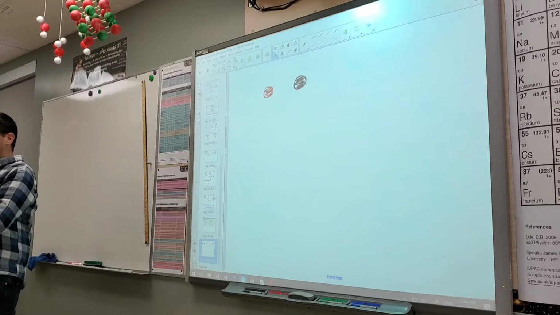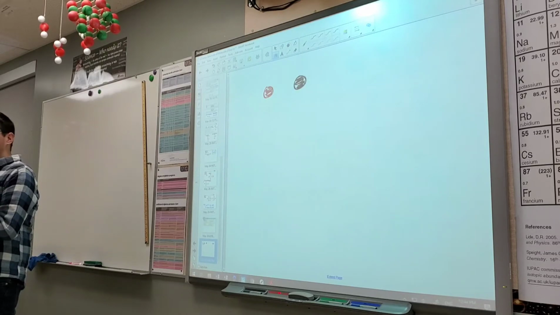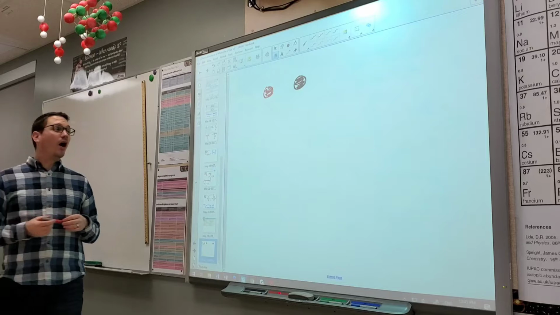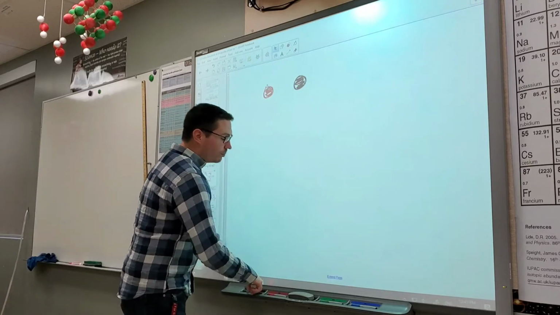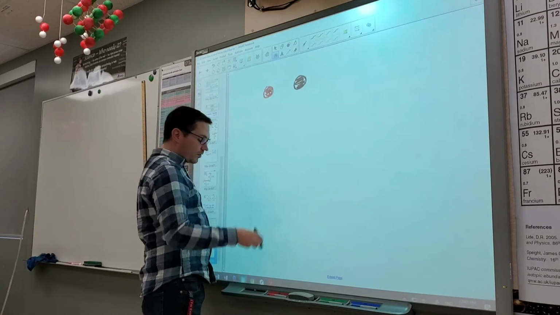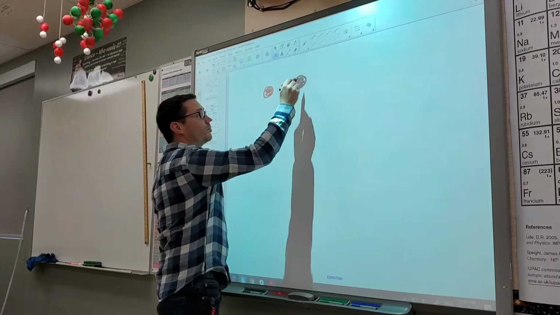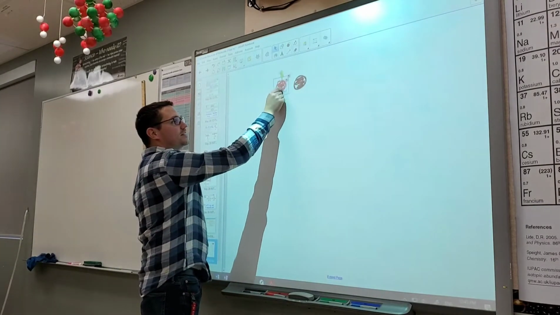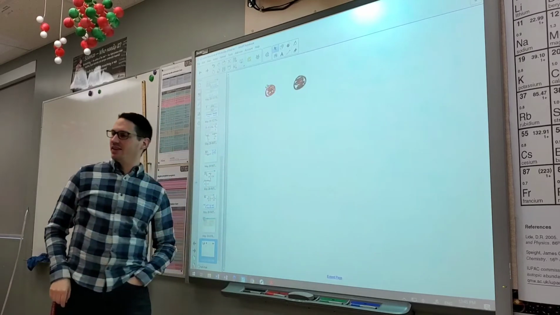Proton. Yeah, there's lots of protons, aren't there? So is the center or the nucleus of an atom positively or negatively charged? It's positively charged, right? So both of the centers of these are both positively charged. How is it possible that I can get this thing to be attracted to that thing?